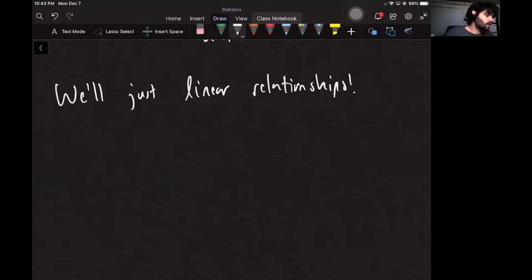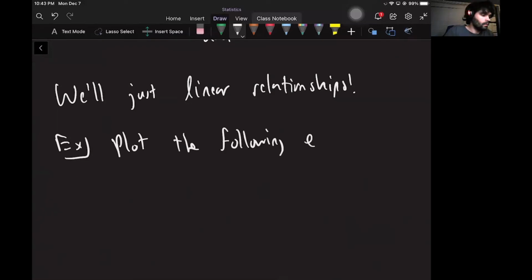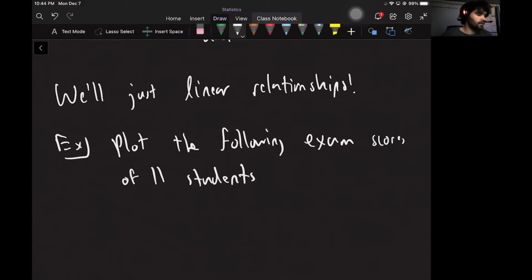All right, so here's another example. Let's plot the following exam scores of 11 students, and then we'll go ahead and try to do some other stuff.